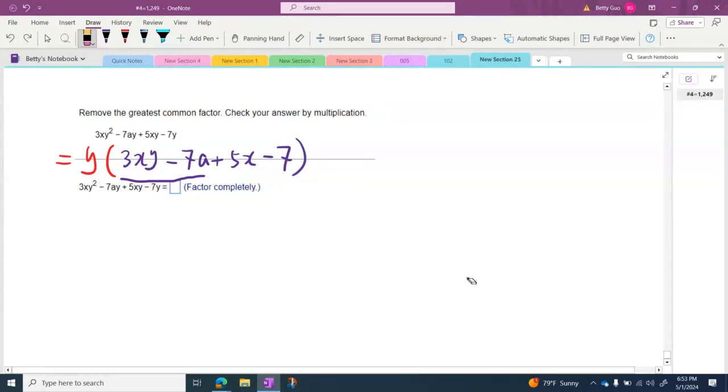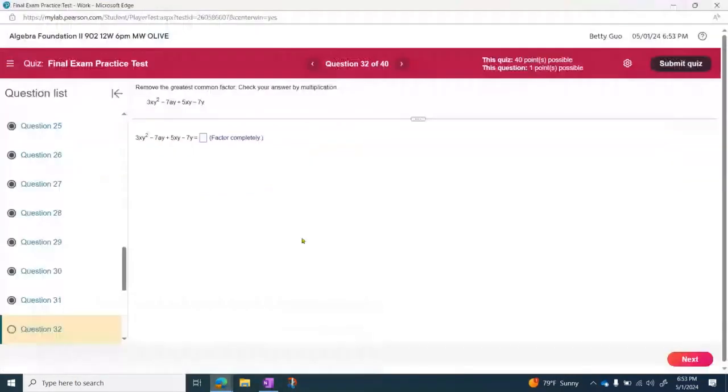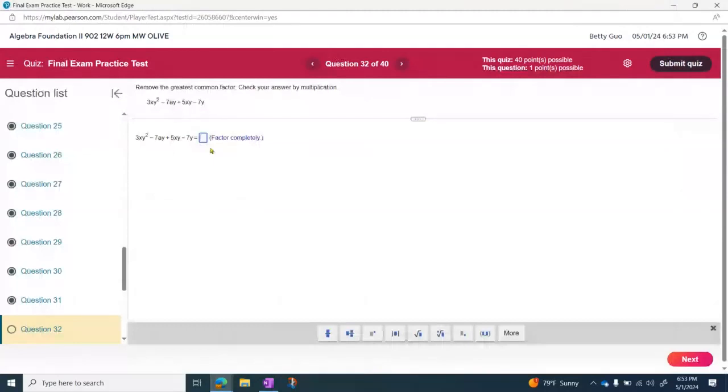I just need it. Okay, let me just type the answer here. We're going to factor y out. In the parentheses we have 3xy minus 7a plus 5y minus 7.